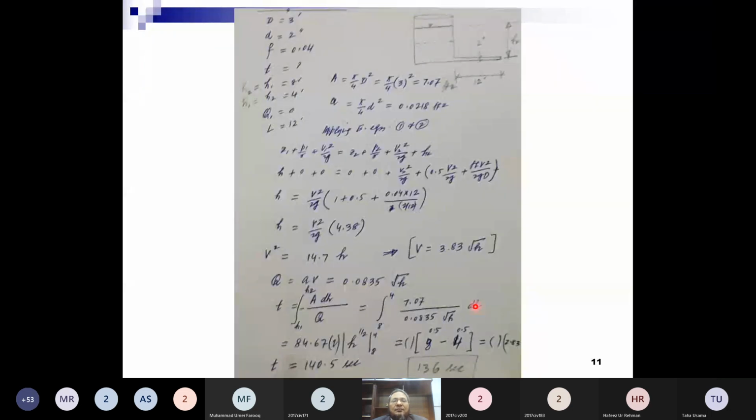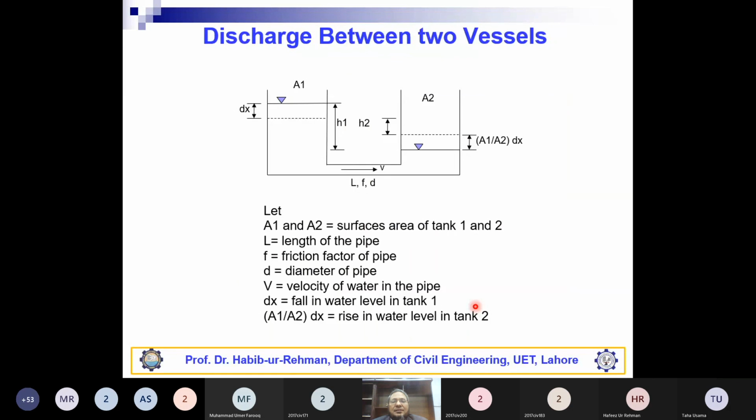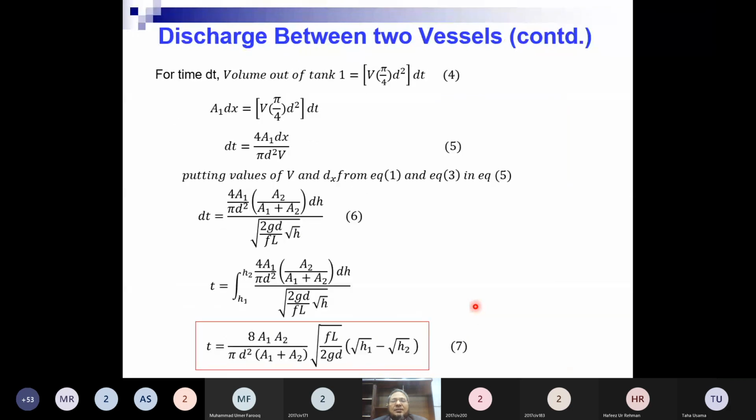Then we have derived this equation when two reservoirs are connected with a pipeline. Then our emptying time is equal to 8 a1 a2 pi d squared over (a1 plus a2) f l over 2gd, under root h1 minus under root h2.